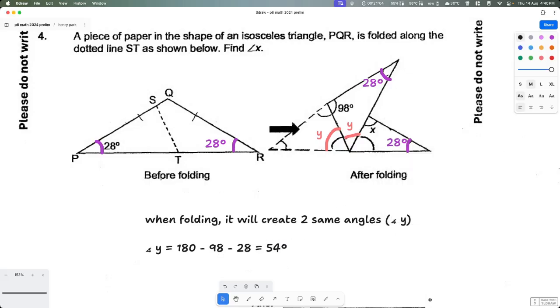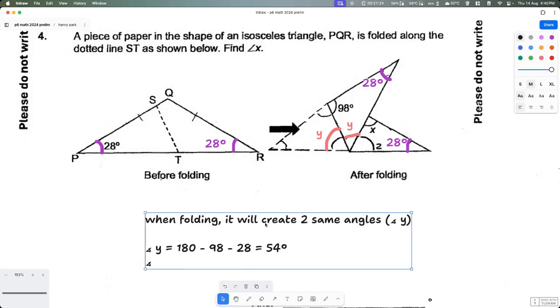Okay, so from here we can get this angle. So I'm going to name this angle z, which is in black, right?